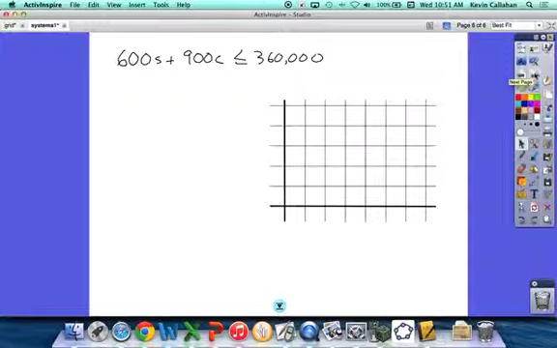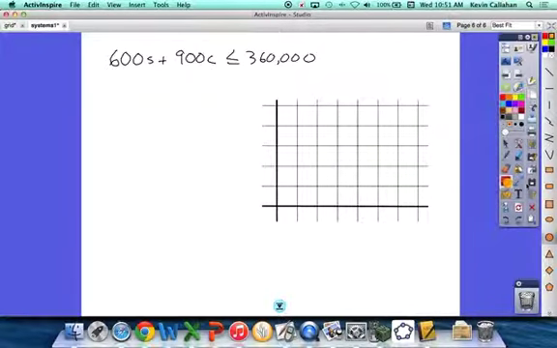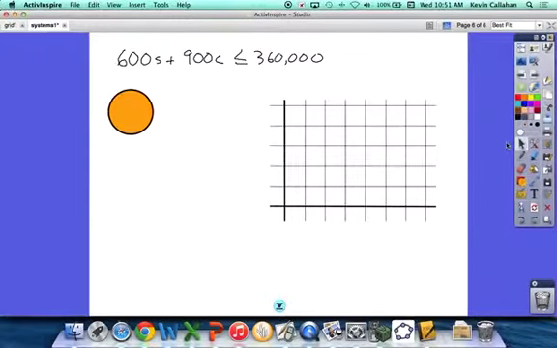So for example, in your problem, here, let me make myself a circle. We want to graph the inequality 600s plus 900c less than or equal to 360,000. And understand in this case, we don't have an x and a y axis, we have an s and a c axis.